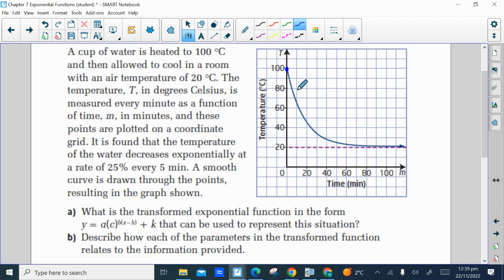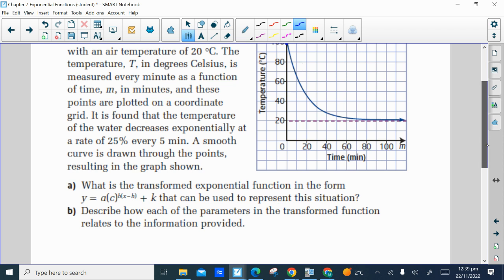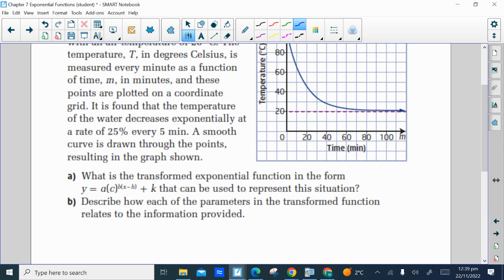And then another 5 minutes, which is at 10 minutes, it would be 75% of 75 degrees, and so on. Okay? So because you're always taking 75% of something, there's always going to be something left there, and it's always going to be above 20 degrees. And that's why you've got that horizontal line there for y equals 20, which would be our k value.